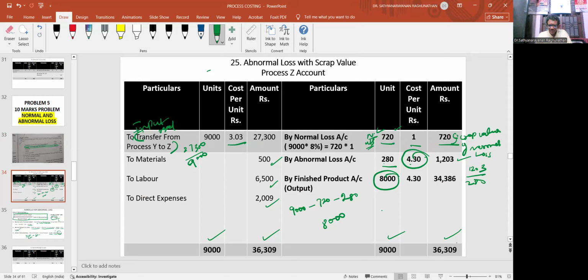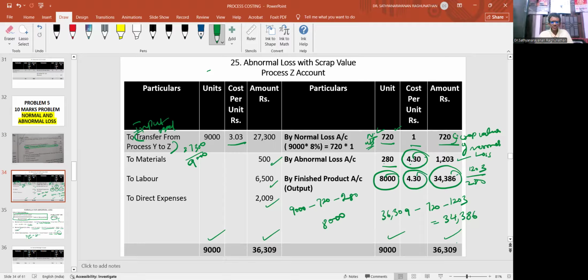And then in value you have to arrive at the balancing figure: 36,309 minus 720 minus 1,203. Use the calculator. You may be arriving at 34,386. So 34,386 divided by 8,000, 4 rupees 30 paisa is the cost per unit.